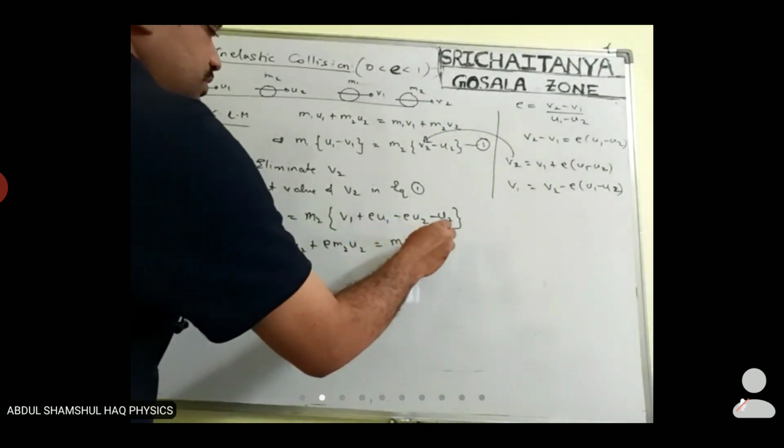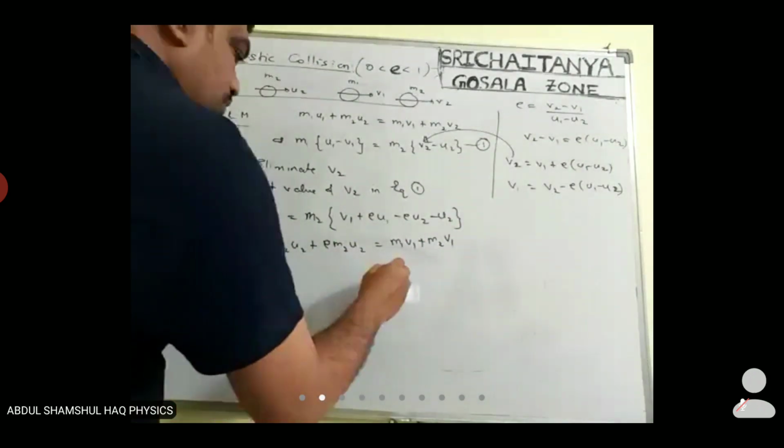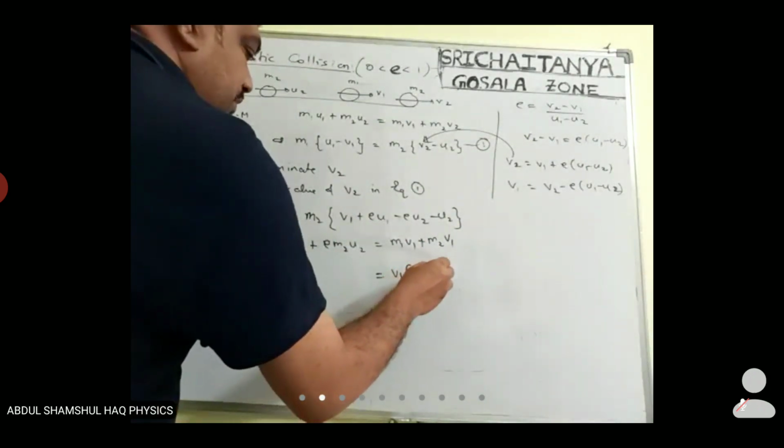So if we take out v1 as the common factor, it would be m1 plus m2.